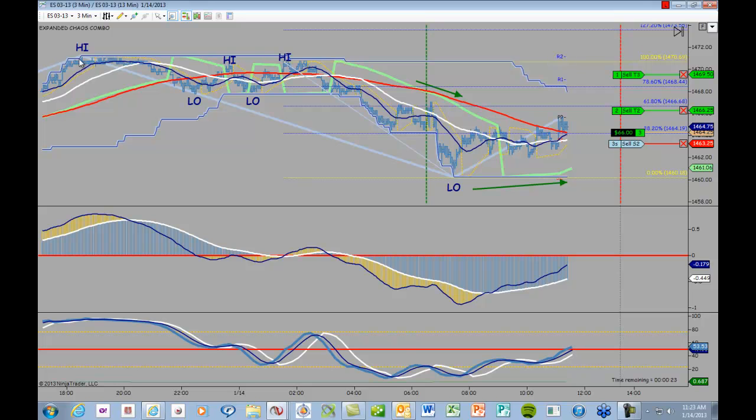As you can see, the zigzag agreed that this was a high and that this was a low, but these ones in between were too shallow. And as you can see, this one did not hit the lower Donchian. This one did not hit the upper. This one was at the lower, but just barely. This one did not hit the upper. So there was a good likelihood that we would continue lower at this point, and of course we got exactly that. Now we've got more of a real move here.